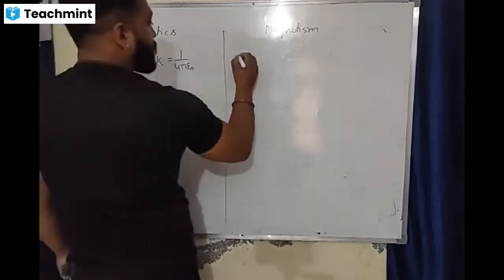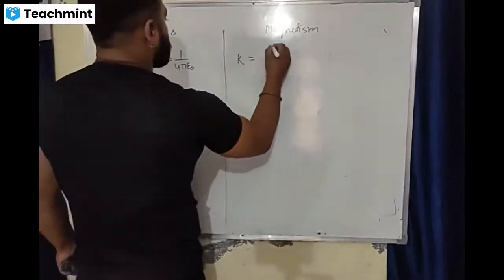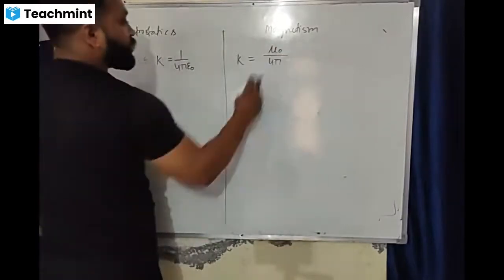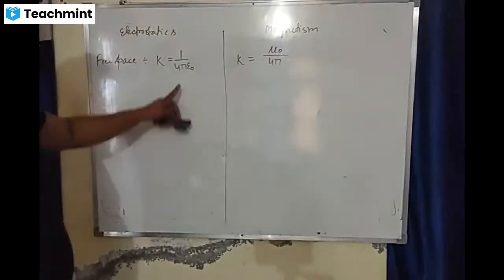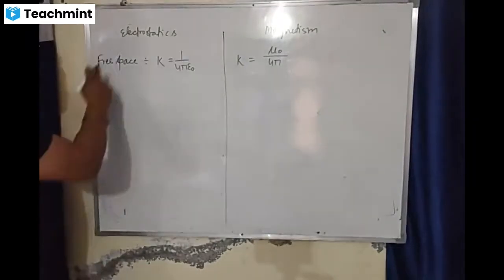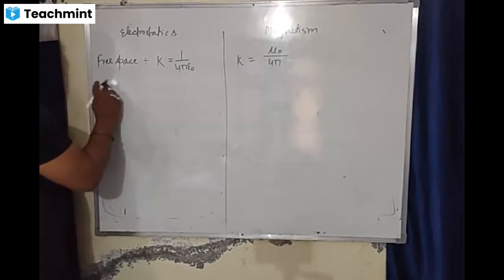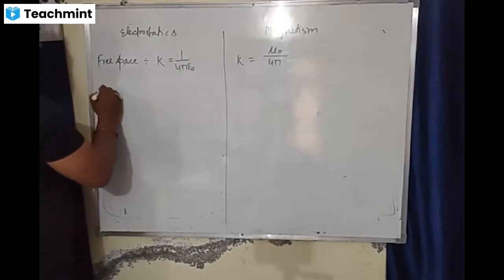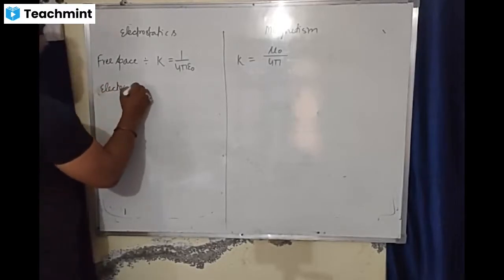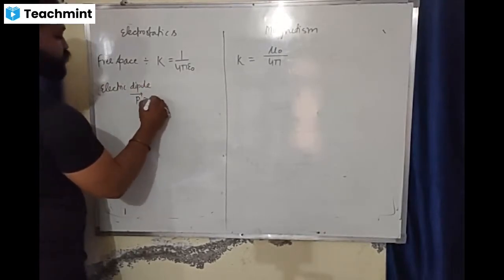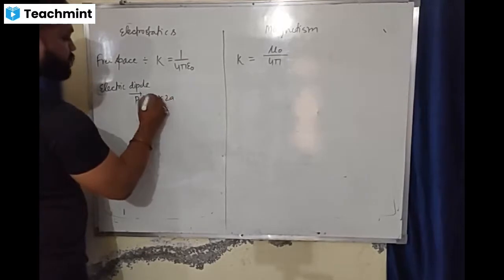But when we talk about magnetism, the value of K will become mu naught upon 4 pi, where mu naught is the permeability. In electrostatics, the electric dipole is given by P equals Q into 2A.